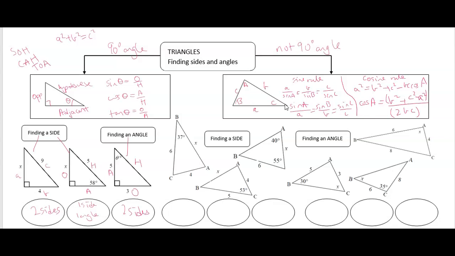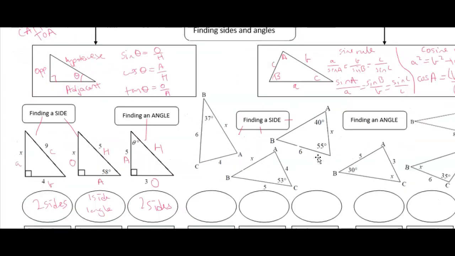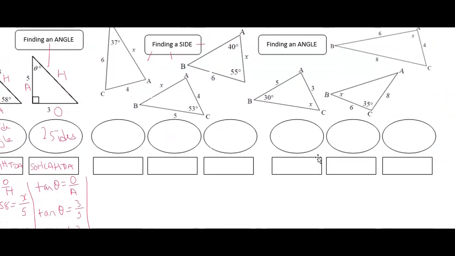All right, so first up, we're finding a side for this one, and this one. So we'll do those 3 examples first. I might actually make this bigger, so when I write, it's a bit easier to fit everything in.